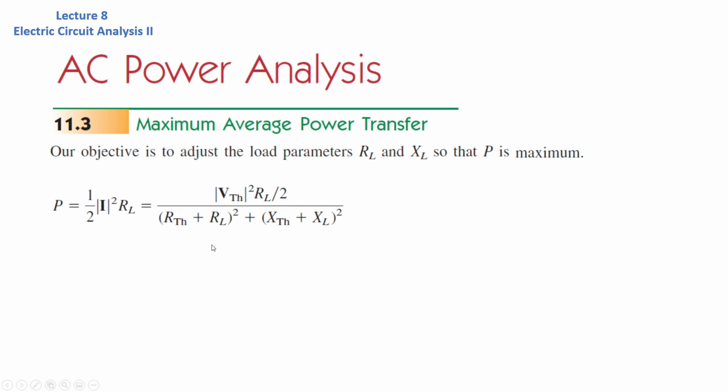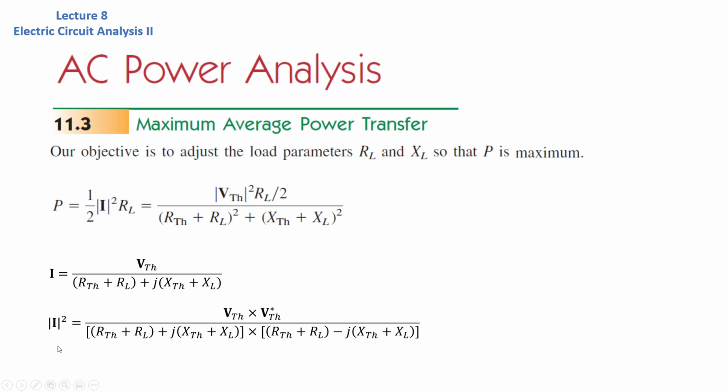So in order to obtain this expression, we first rewrite the phasor of current in this way, where we combine the real parts and imaginary parts to make it a complex number, and then we compute its magnitude squared. And when we compute a magnitude squared, we basically multiply a complex number with its conjugate. So when we multiply V Thevenin with its conjugate, we end up with magnitude squared of V Thevenin.